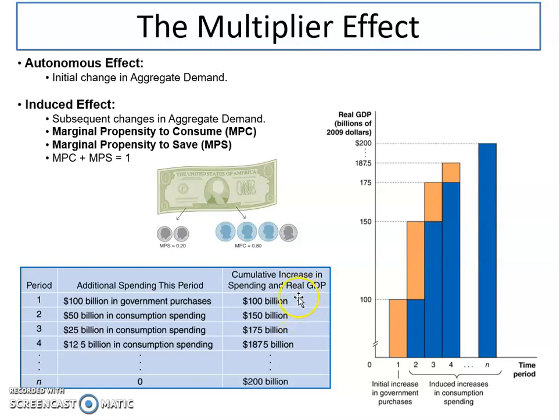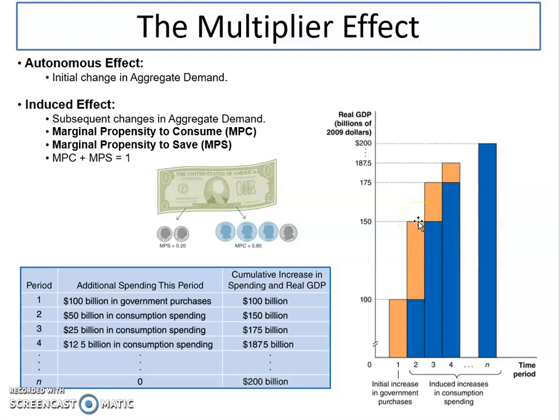The rock was $100 billion. The first ripple takes us to $150. In our graph here, in time period 2, we get an increase in consumption spending of 50 billion. So it adds to that 100 billion from period 1, the 50 billion in consumption from period 2.